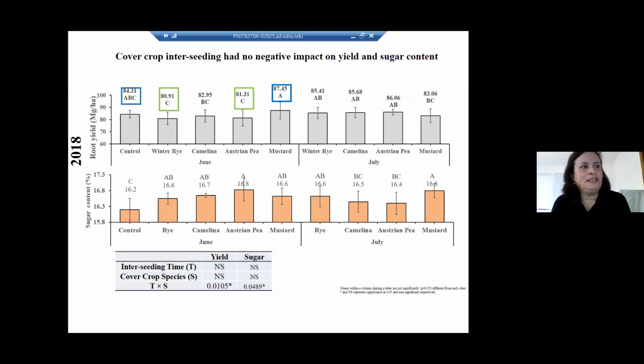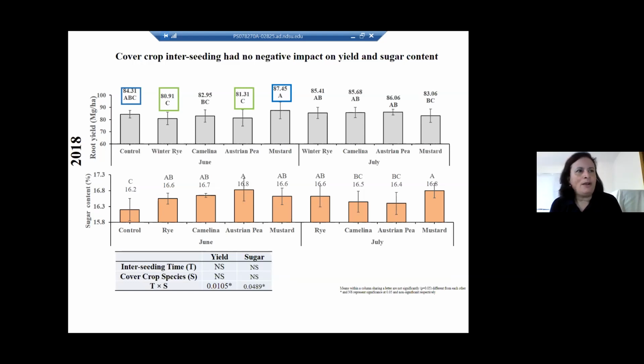Although you see here a difference of not too much in the sugar content, only 1% of increase in sugar content can signify about $80 per acre of gaining. So a 1% difference is significant in sugar beet.